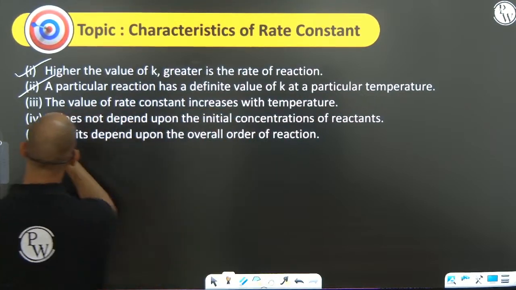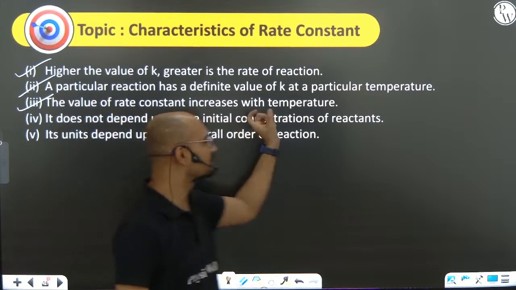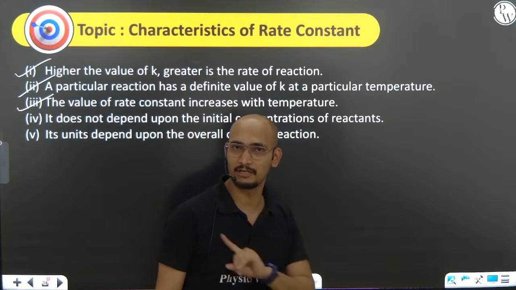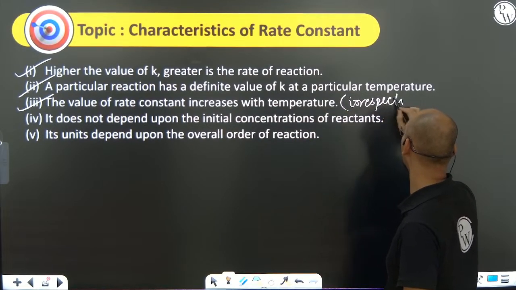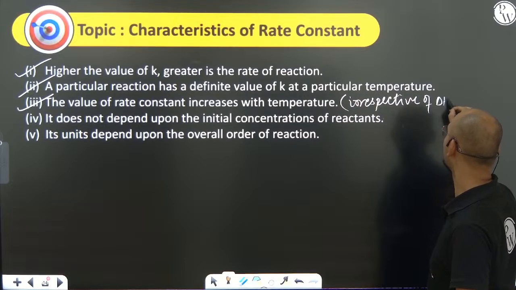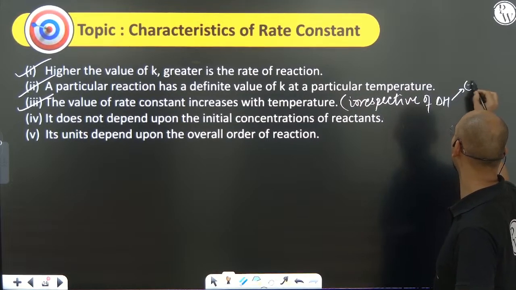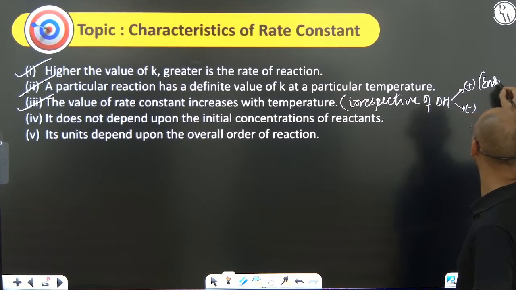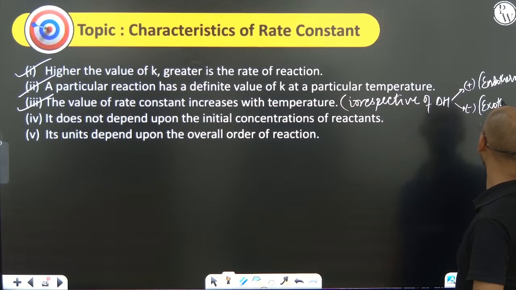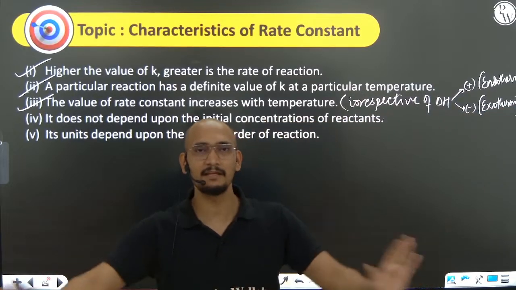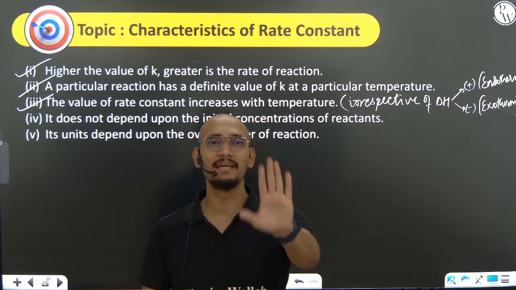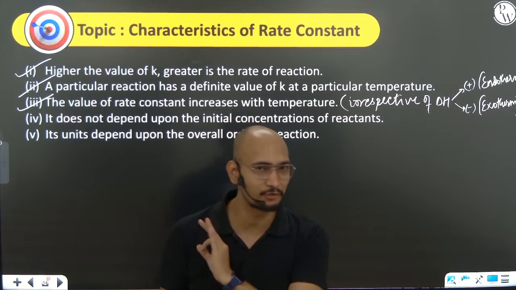Next, the value of rate constant increases with temperature, irrespective of delta H, meaning whether the reaction is endothermic or exothermic doesn't matter. If you increase the temperature, K will always increase, which means the rate of reaction will also increase.